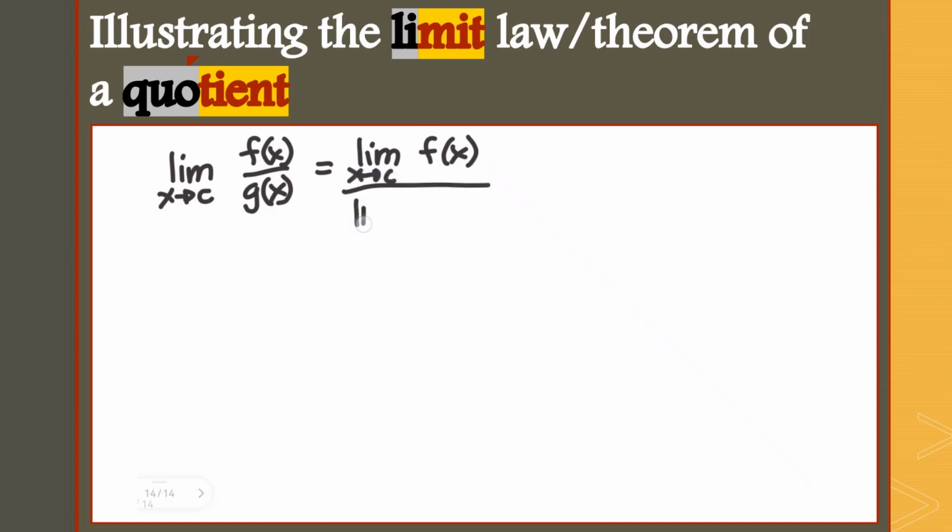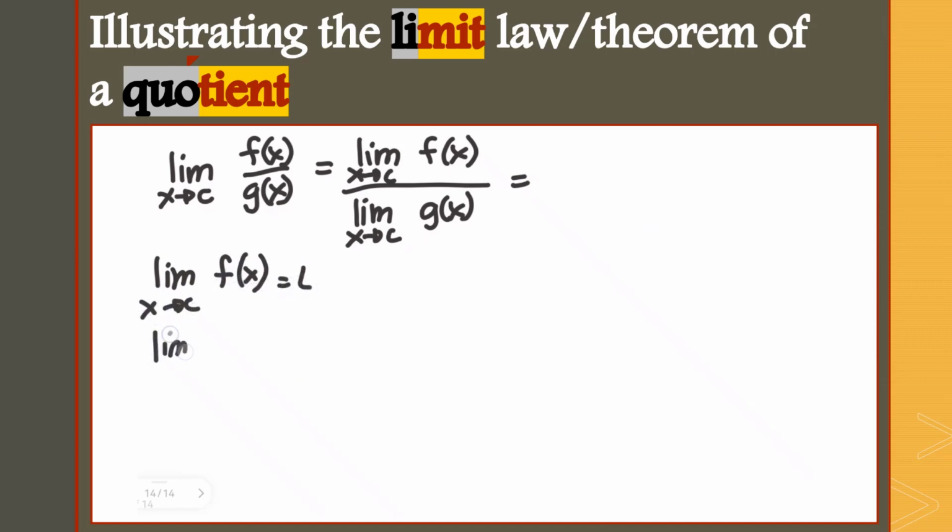So we have the limit of f of x as x approaches c divided by the limit of g of x as x approaches c. For example, the limit of f of x as x approaches c is equal to L, and the limit of g of x as x approaches c is M.